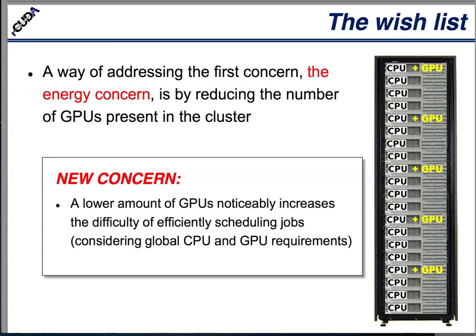But what happens if you make a cluster of this architecture? The problem is that when an application is going to use a GPU, you have to schedule it only to a node that has a GPU directly connected. This will increase the difficulty of scheduling jobs, and you may have nodes with a lot of load, because all the applications with GPU work are put in these nodes, and other nodes with a low load.